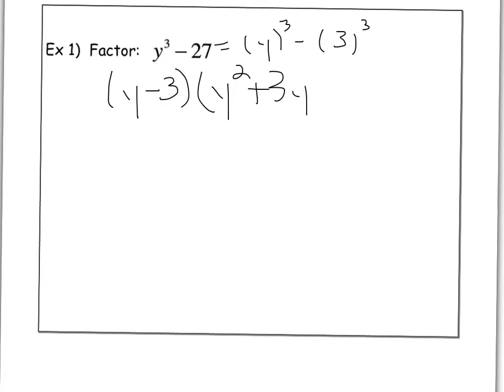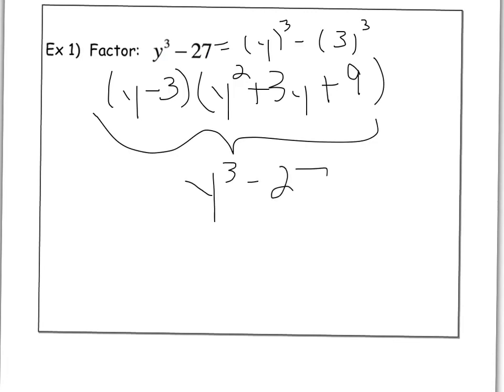And then the last sign is, remember, always positive, so this is a plus, and then that last term is always just this thing squared, so that becomes 9. So we have y minus 3 times the quantity y squared plus 3y plus 9. And remember, if you wanted to check this, if you multiply this whole thing out, you will end up with y cubed minus 27.